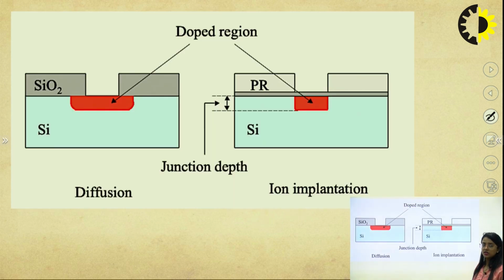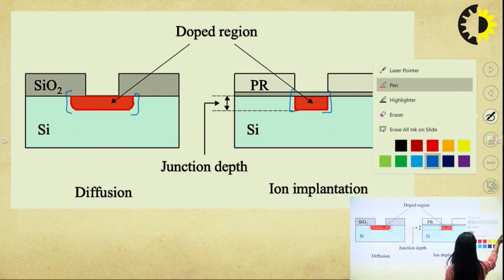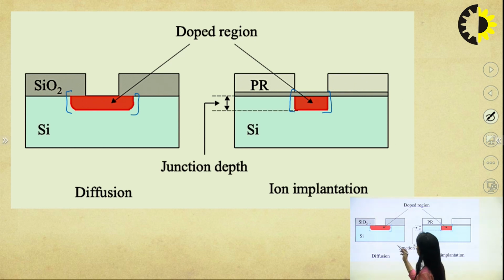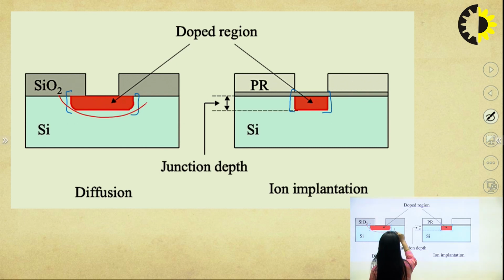So coming on to doped regions, we can see that we are showing two diagrams for diffusion and ion implantation. On the left hand side, we have a profile of a diffusion based well, and then we have a profile of an ion implantation based well. So here we can see the junction depth. To be more accurate, when we are doping with the help of diffusion, it is sometimes like this.